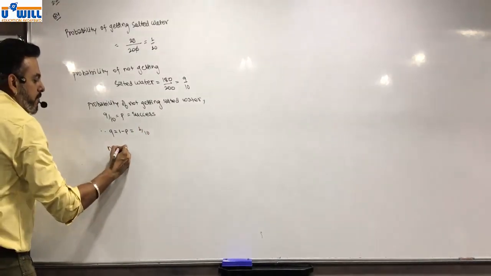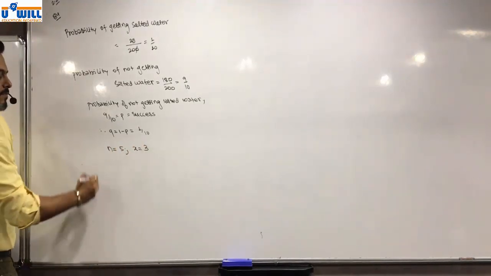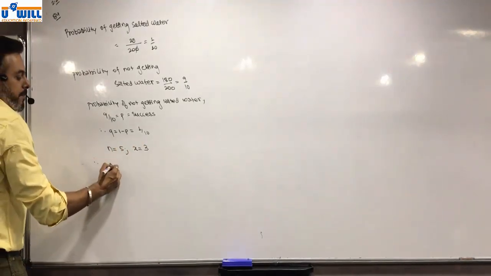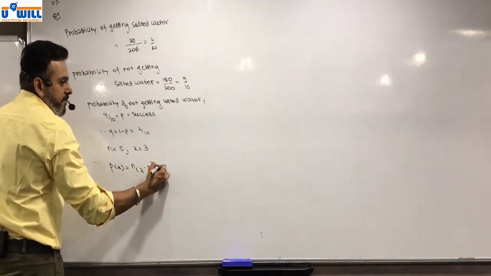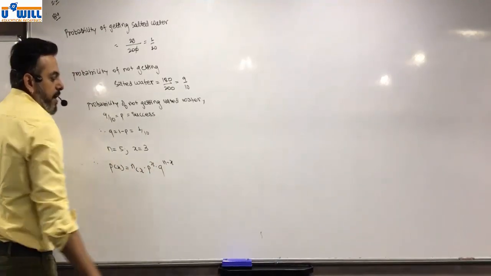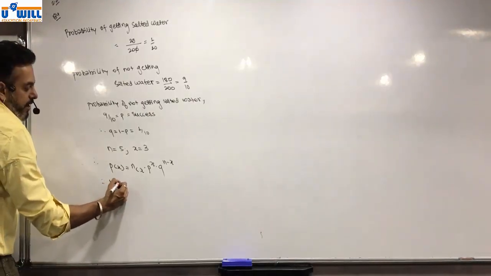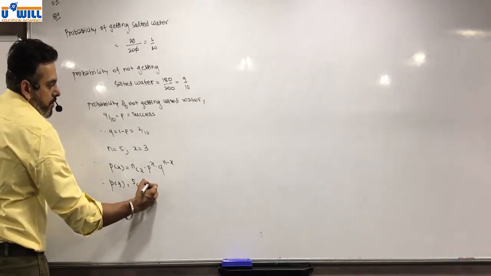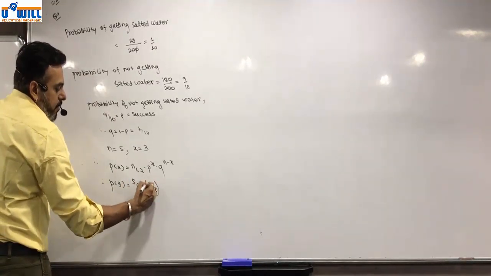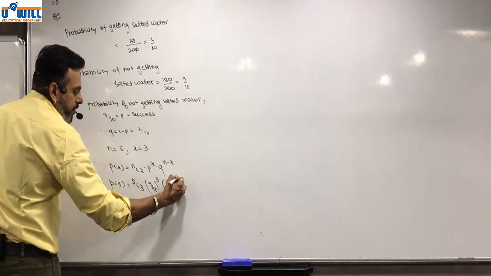N is equal to 5. X is equal to 3. Therefore, P of X is equal to nCx P raised to x Q raised to n minus x. Therefore, P of 3 is equal to 5C3 into (9/10) whole raised to 3 into 1/10 raised to 5 minus 3, which is 2.